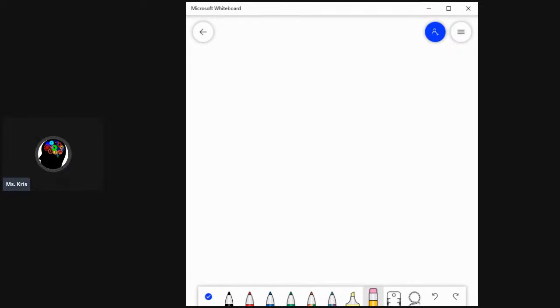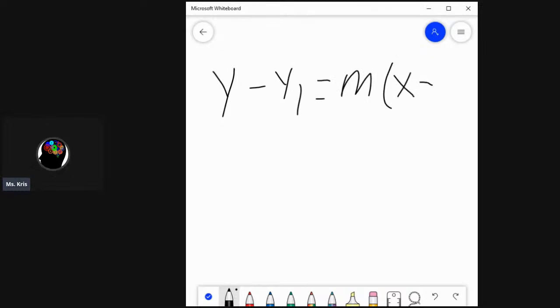Point slope simply says y minus y1 equals the slope times x minus x1.